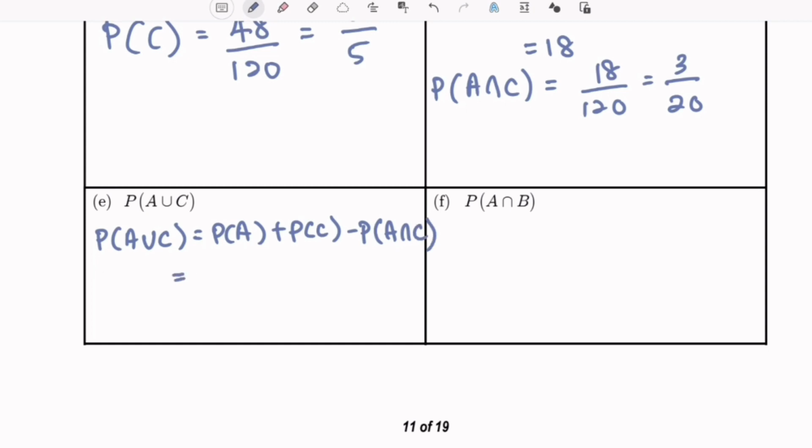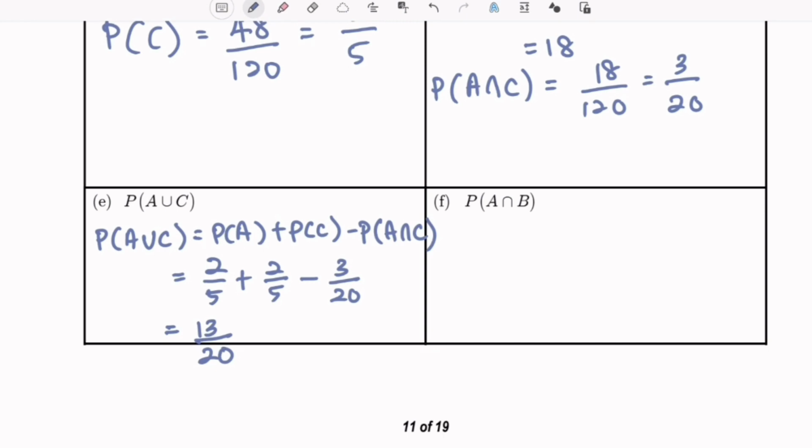P(A) is 2 over 5 plus P(C) 2 over 5 minus P(A intersect C) 3 over 20. That gives you 13 over 20.